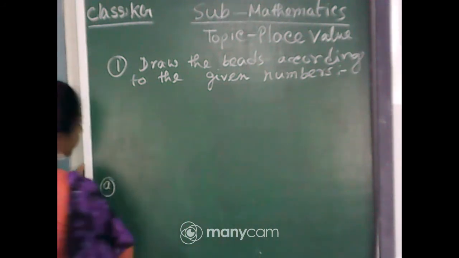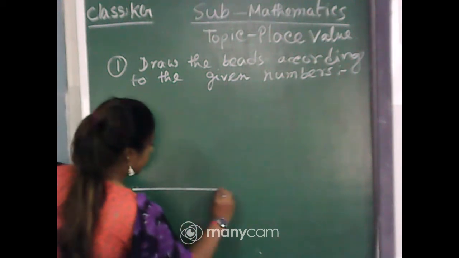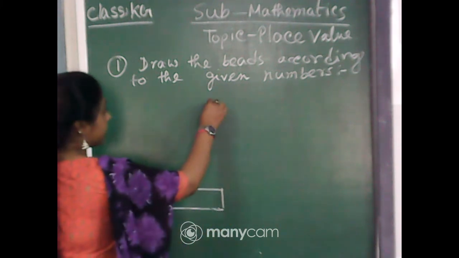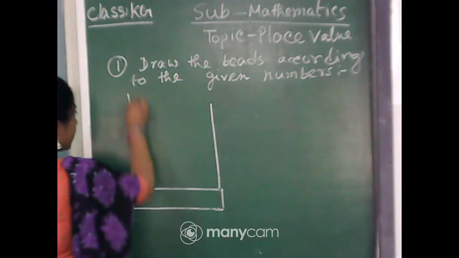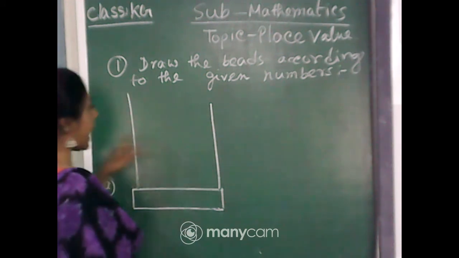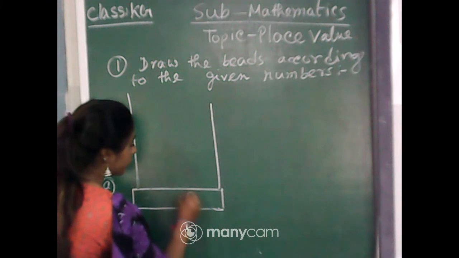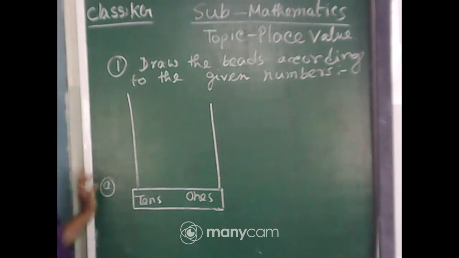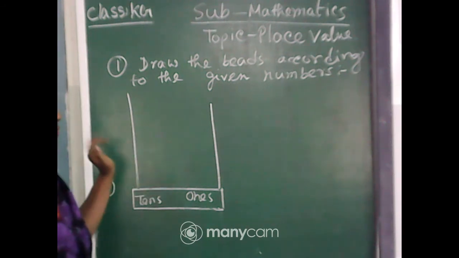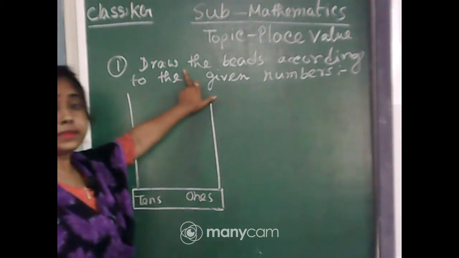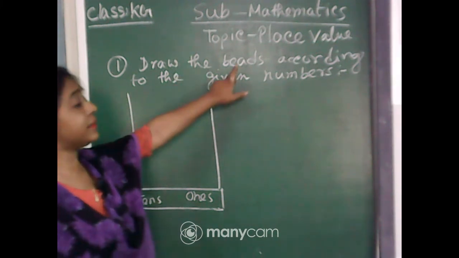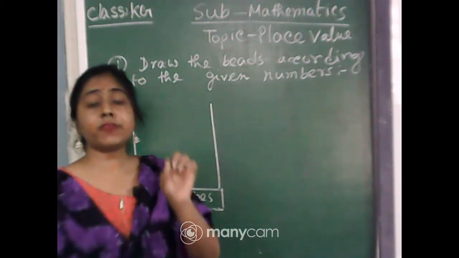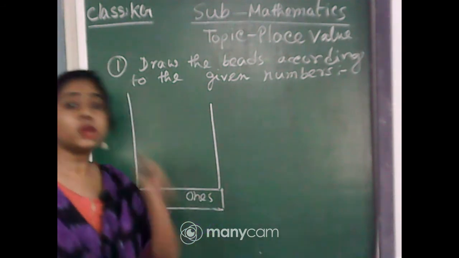Number A: first we will make this column and these 2 rods, ones and tens. So we will write here ones and tens. Now what is our question? Draw the beads. So we have to draw the beads.